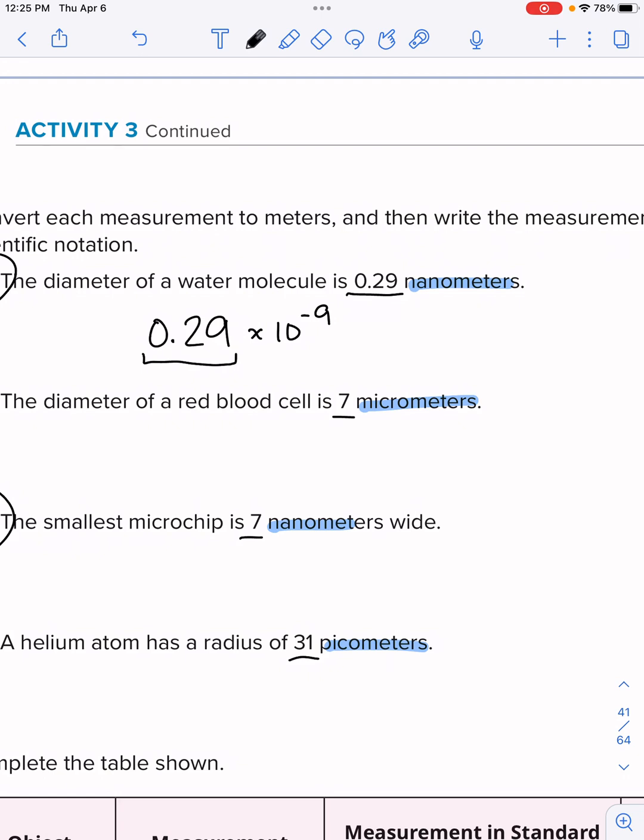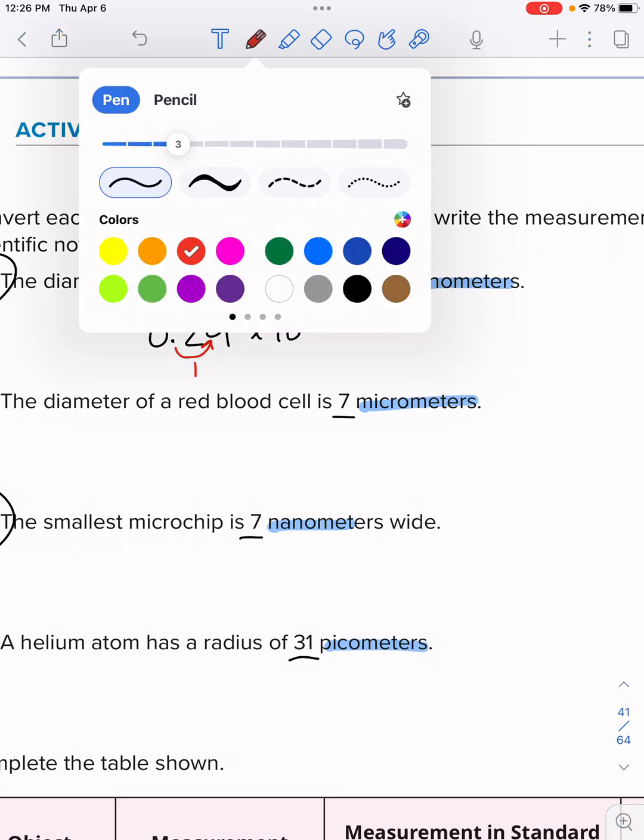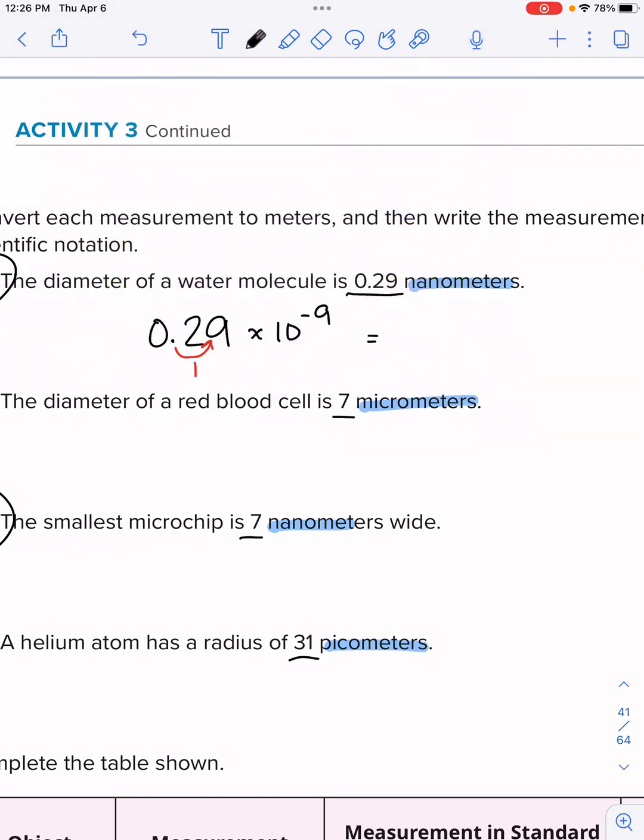Think of this as 29 cents. 29 cents is not between $1 and $10. So we have to move this decimal point, and this is just our decimal here. We have to move that decimal point so that it gives us a number between 1 and 10. If I move that decimal point 1 to the right, instead of 0.29, it gives us 2.9.